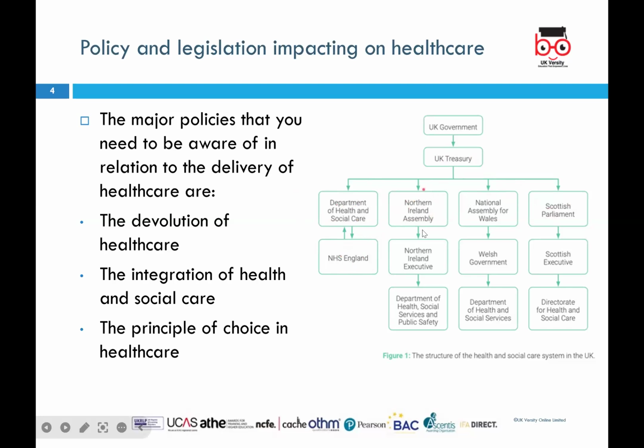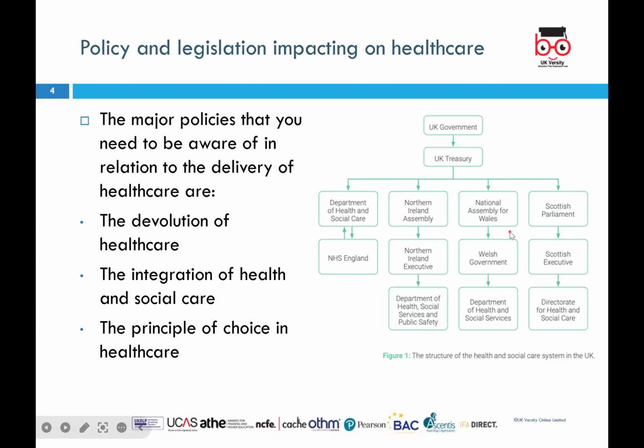Okay, so then we have the Northern Ireland Assembly, within which you have the Northern Ireland Executive, and the Department of Health, Social Services and Public Safety. So you don't have NHS England working there.